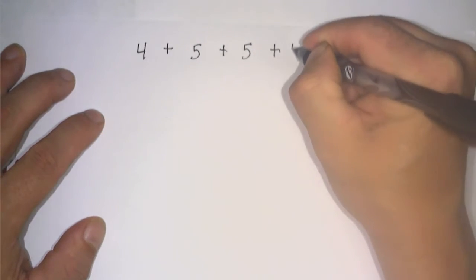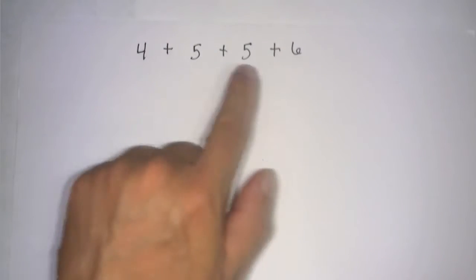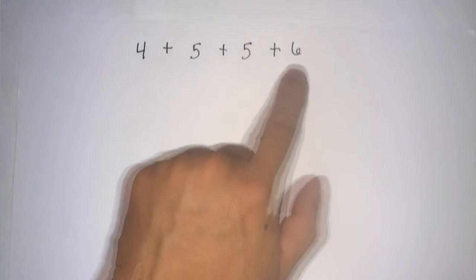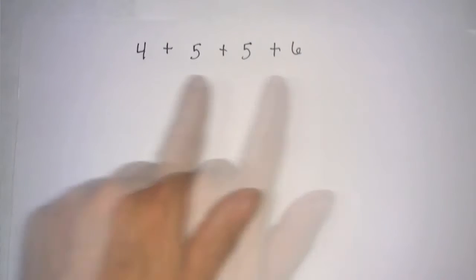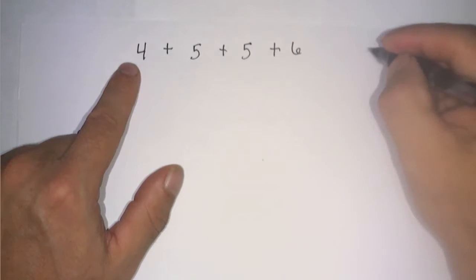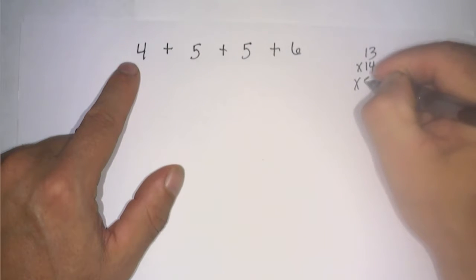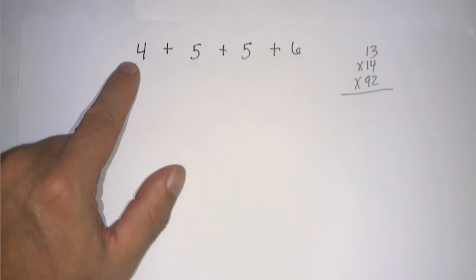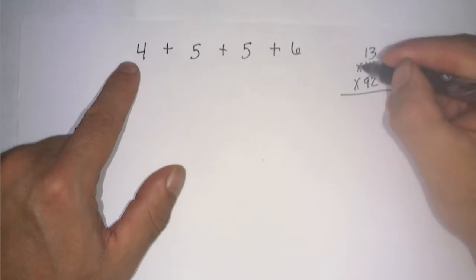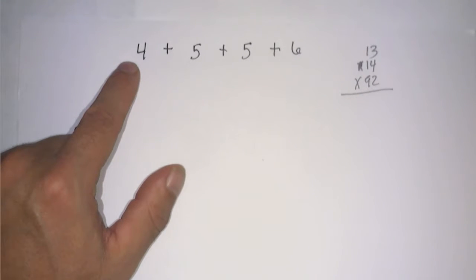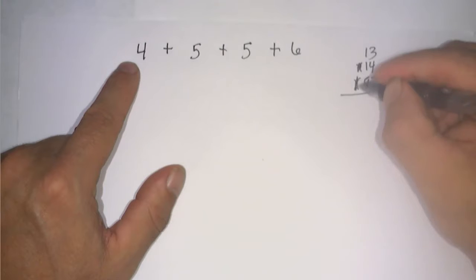And this is a simple one. Of course, you could multiply single digit numbers like this, but what I mean is, you're not going to take 13 times 14 times 92 and do it all in one shot. But you can add all these in one shot, unlike multiplication, which we will do here in a minute.